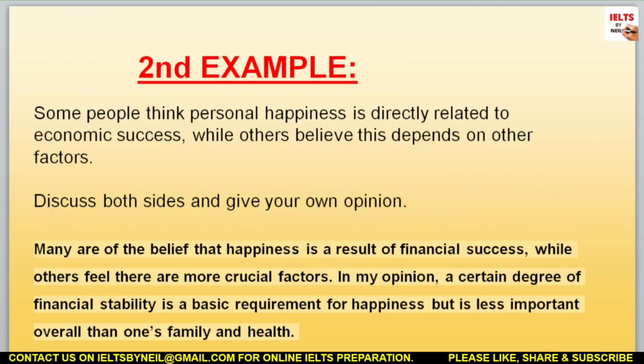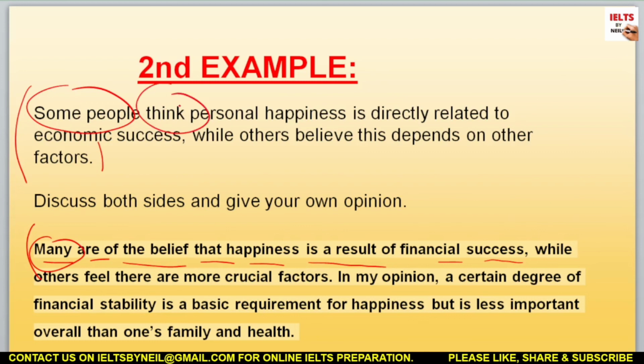So if you have a look at this one, this is our question statement, right? If I read from here, many are of the belief that happiness is a result of financial success. Some people, you can say many are of the belief, means think. Happiness, I've left it, happiness is a result, is directly related to.